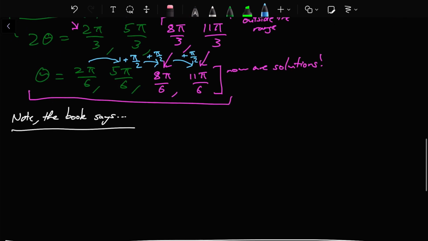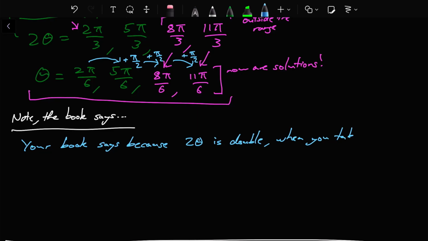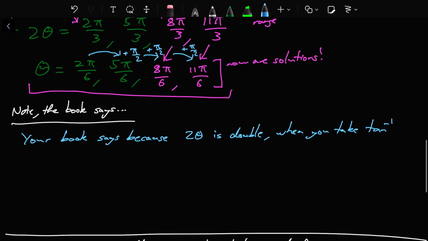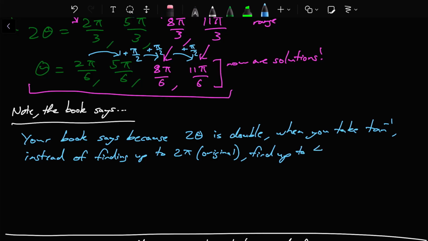Now, just a quick note on what your book says. Your book says, because 2 theta is double, when you take tan inverse, up here, instead of finding up to 2 pi, which is the original, find up to 4 pi to double.